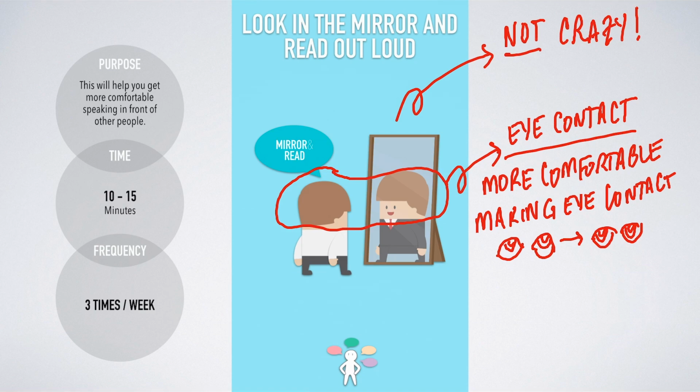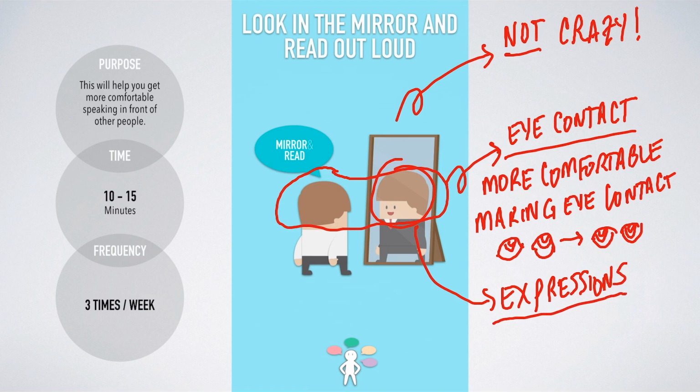And the last thing you have to remember is this is excellent for expressions. Now, this is dealing with facial expressions. You see, English is not just a language that is focusing on the words you use. It also focuses on your facial expressions.